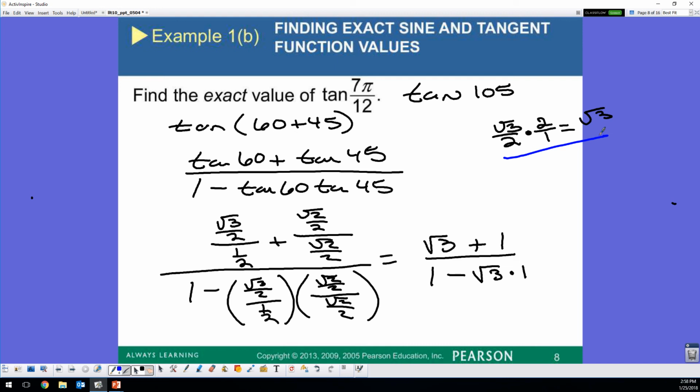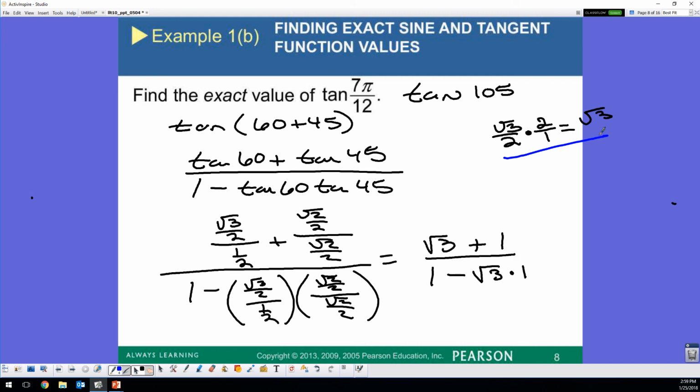On the second part right here, I have rad 2 over 2 divided by rad 2 over 2. So if you have the same thing on top and bottom, what happens? It cancels out and you're left with just 1, right? When you have the same on top and the same on bottom, that's going to cancel and give you 1. That's where we get there.